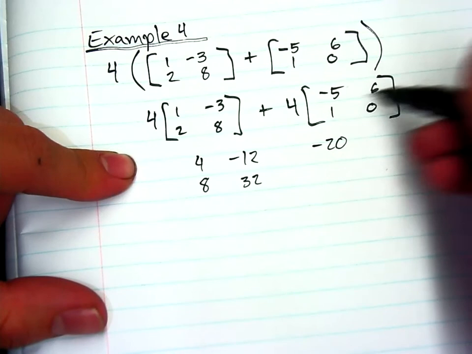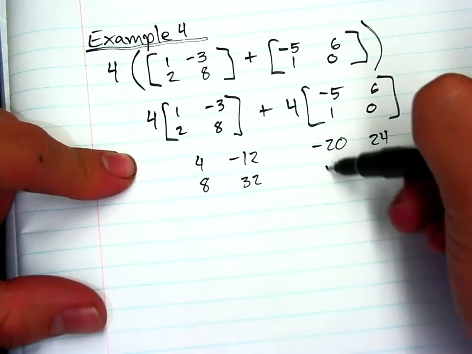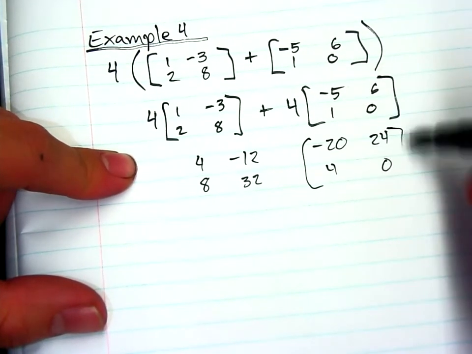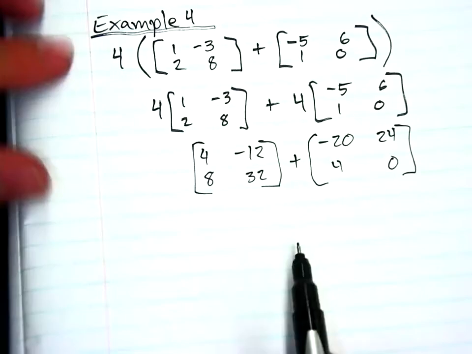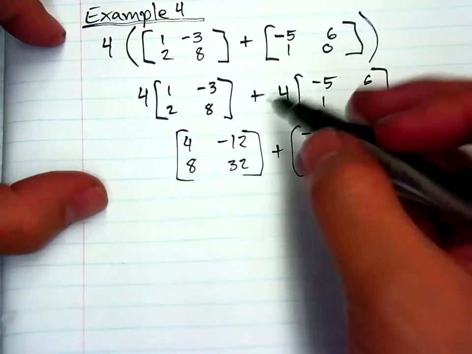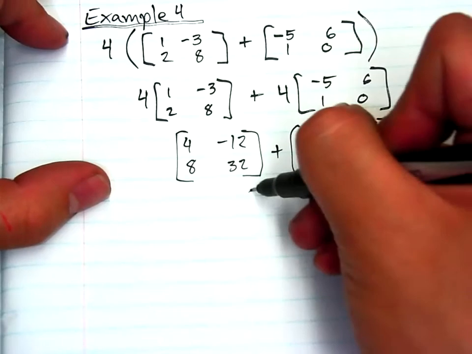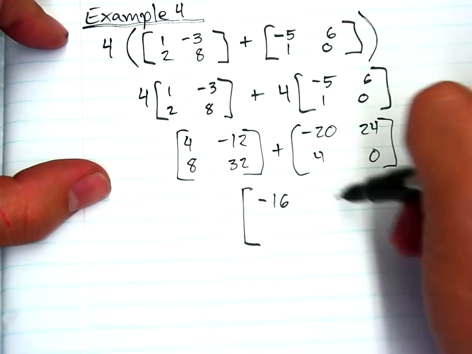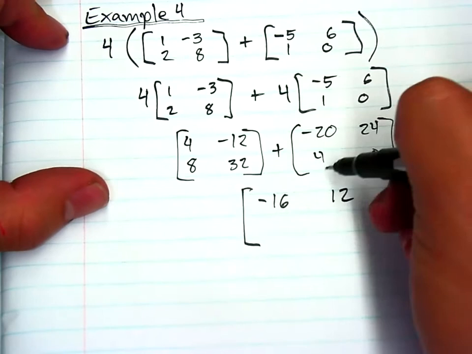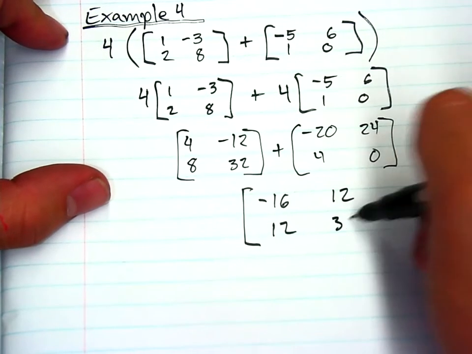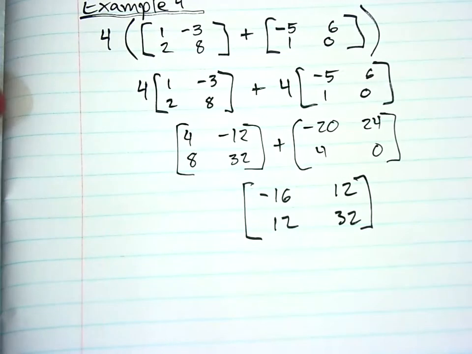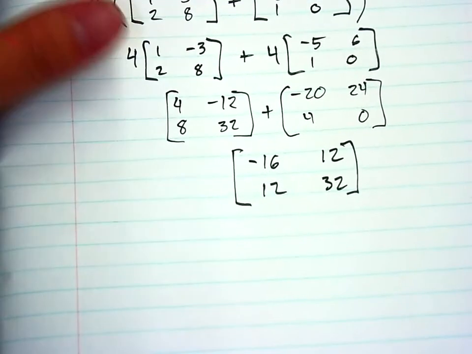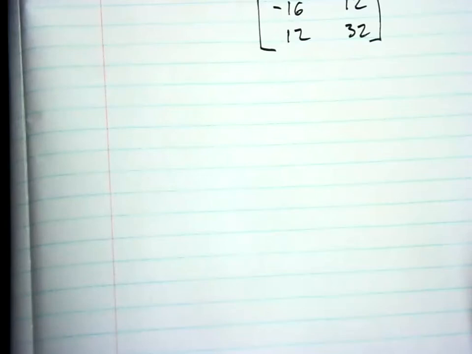Negative 20, 24, 4, and 0. I'm going to add these two matrices together because they are both 2 by 2 matrices, and get for our answer negative 16, 12, 12 again, and 32. Okay, no solving here. All we're doing is distributing and adding. Okay, final part, I promise.